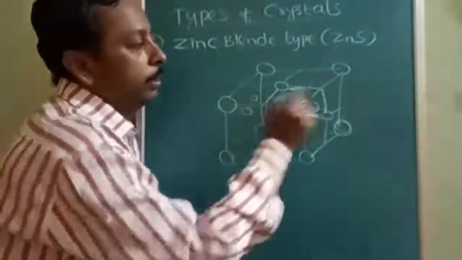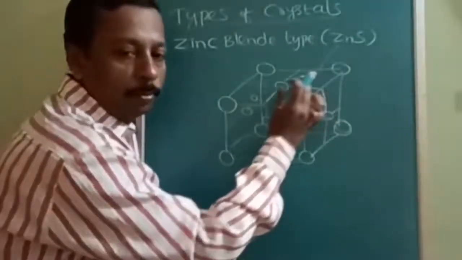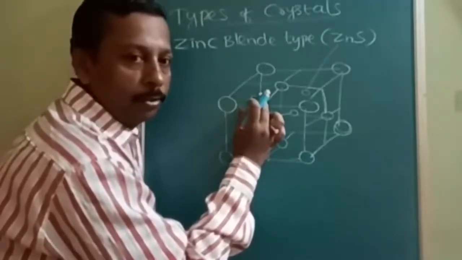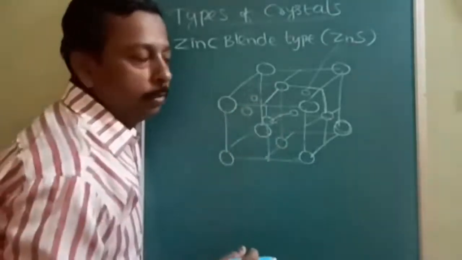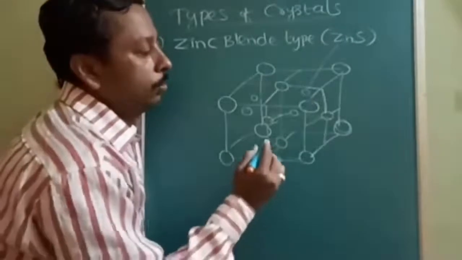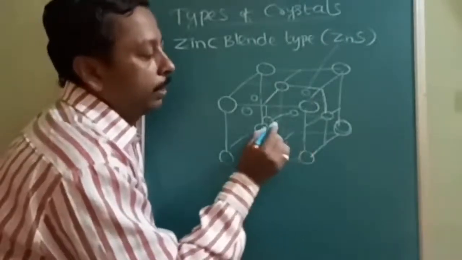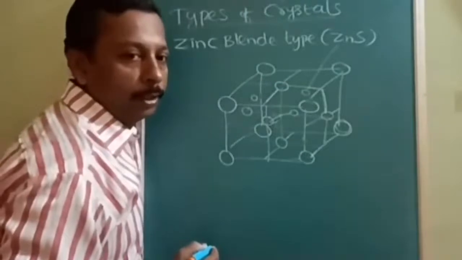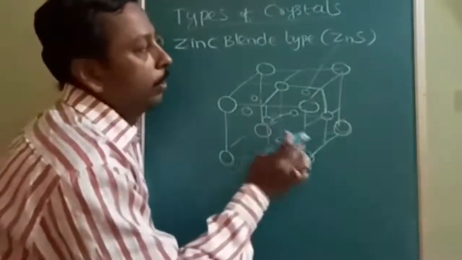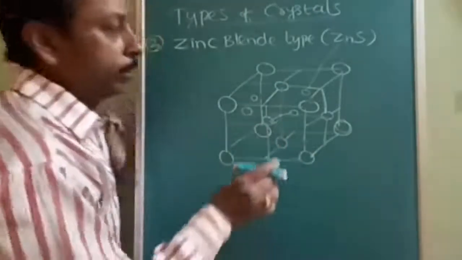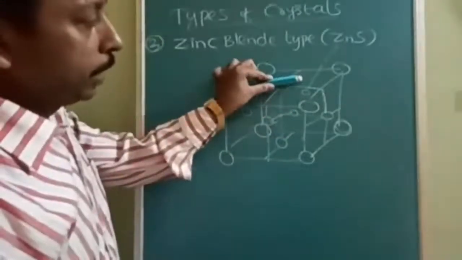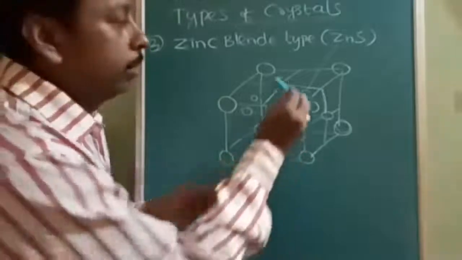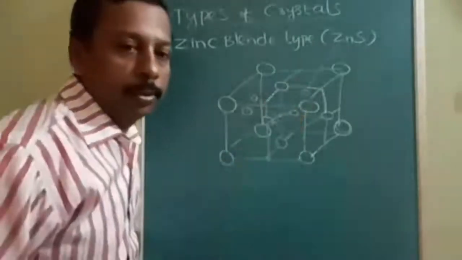In the top, the body centers of diagonally opposite minor cubes will be occupied by Zn2 plus, and here front and back, these two will be occupied by Zn2 plus. At the bottom, the diagonal is in this direction. Is it understood, Abhishek?